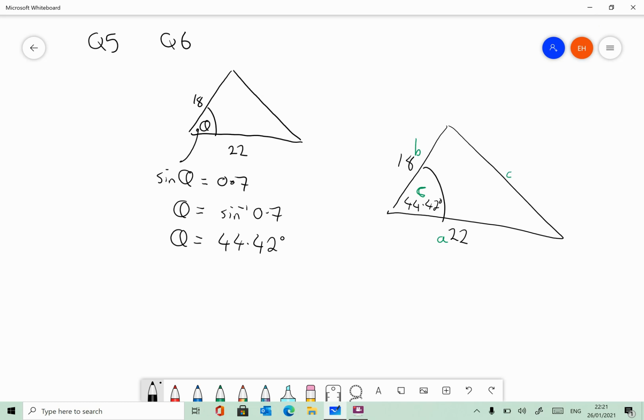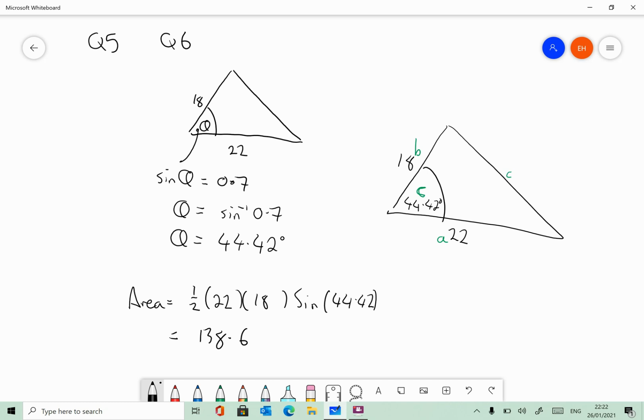Now, we then go area equals a half of AB sine C. So it's 44.42, and then 22 and 18 into my calculator, and I get out 1/2 times 22 times 18 times the sine of answer, which I think you should get 138.6.